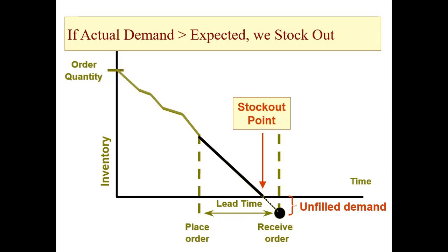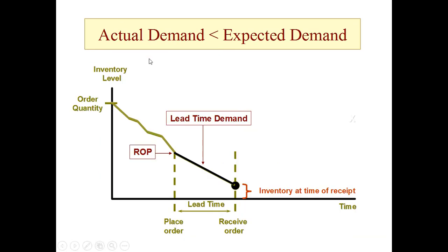The second point is that sometimes we may have a stock out, where the inventory becomes zero before the new delivery happens. This happens when the actual demand is greater than the expected demand. Whereas when the actual demand is less than the expected demand, we have a surplus or extra amount of stock, so we should have some extra space for handling such extra items.